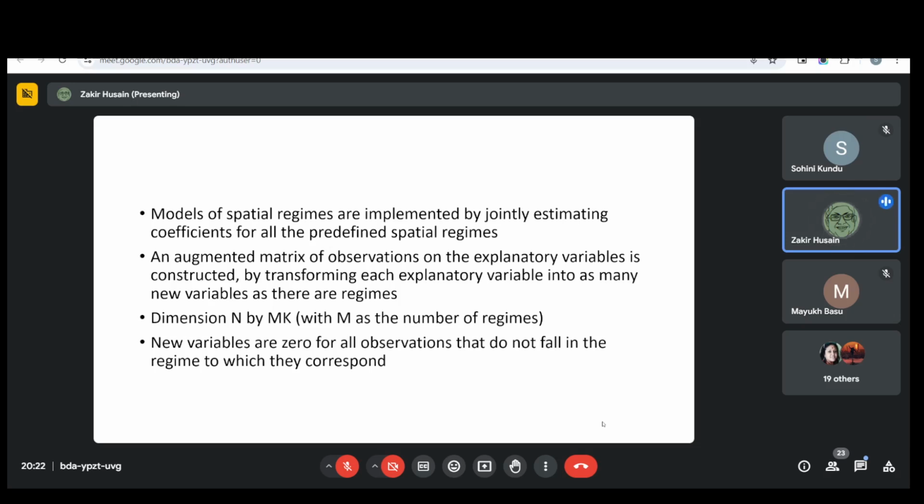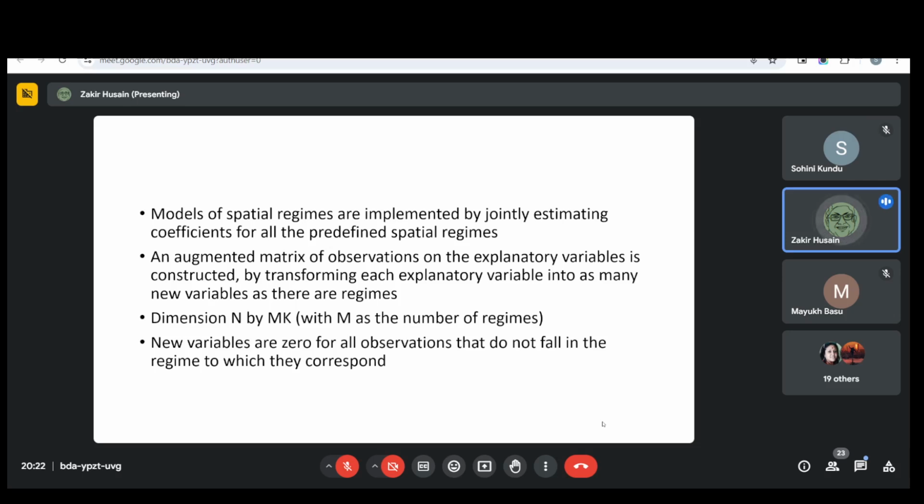Each location has to fall in one cluster or regime, and you cannot have overlaps. A cluster cannot have zero locations. A regime cannot have zero locations. There has to be at least one point, and each point falls into one and only one cluster.